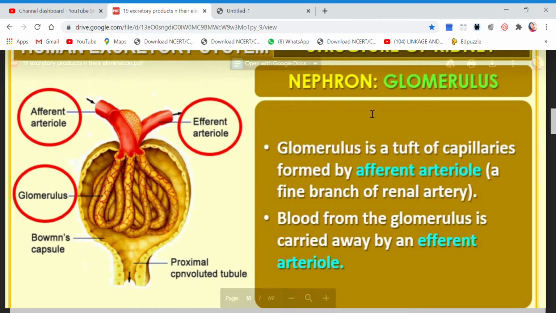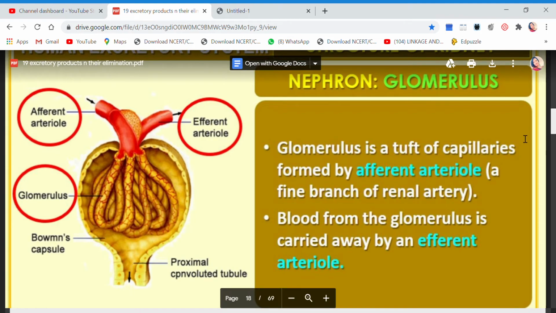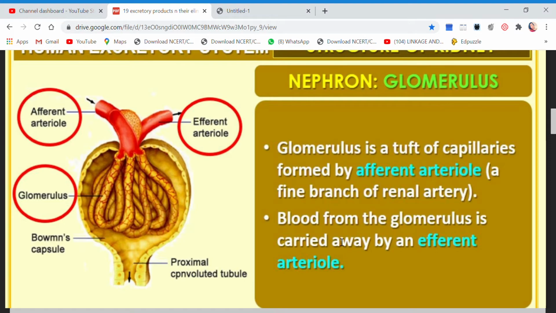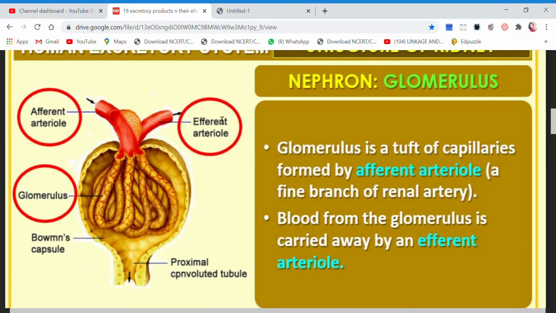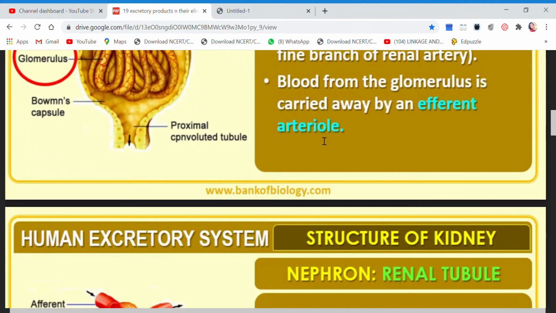So you see here, glomerulus is a tuft of capillaries formed by afferent arteriole, a branch of renal artery, and blood from glomerulus is carried away by efferent arteriole. So I hope this is clear. Afferent arteriole will bring in blood and efferent arteriole will take away the blood from the glomerulus.